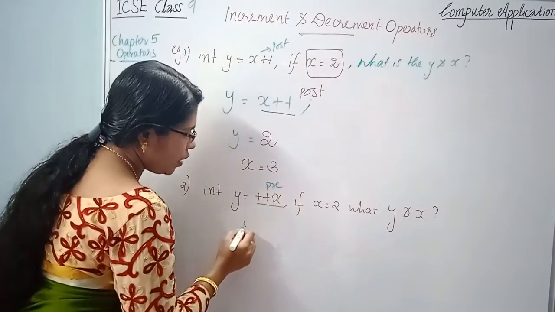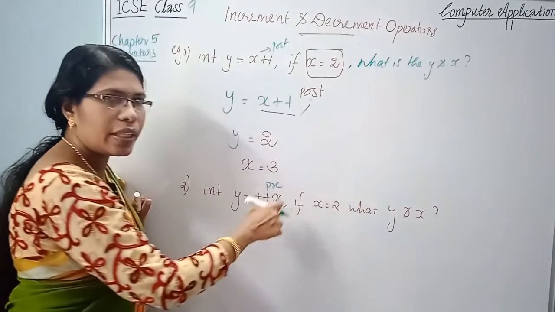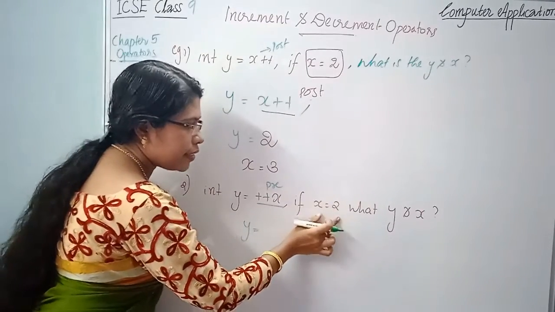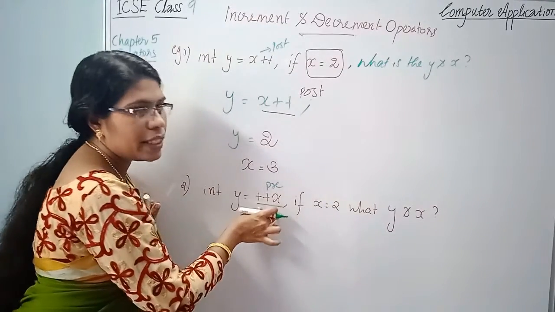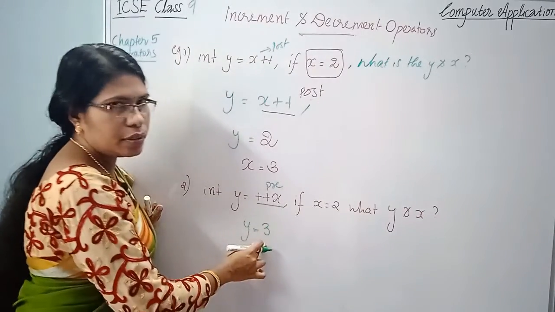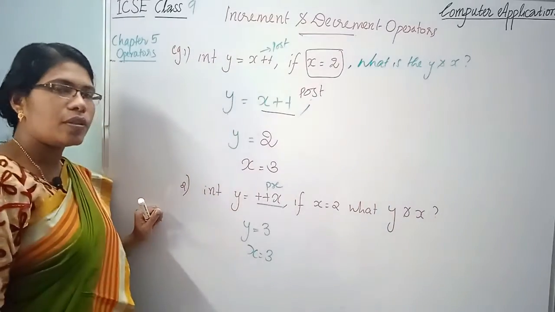Pre-increment means first we will increase the value. What is the value of x? X equal to 2. We should increase the value. Already x is assigned as 2, and plus plus x means we will increase by 1. So we will get 3. Y equal to 3. And what is the value of x? X is also 3.